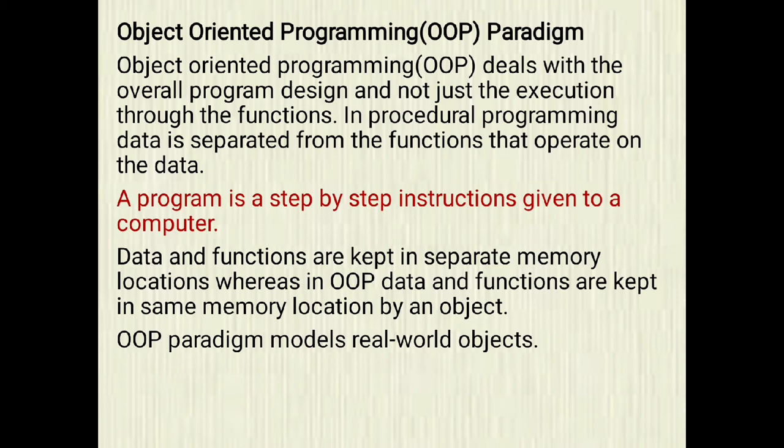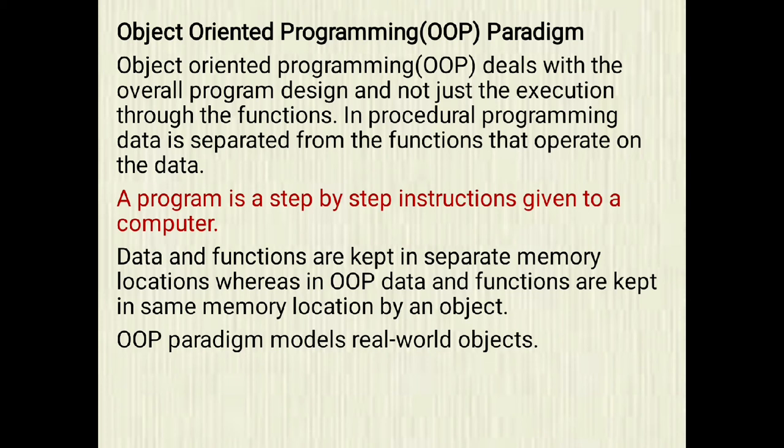Data and functions are kept in separate memory locations in procedural programming, but in object-oriented programming, data and functions are kept in the same memory location by an object. We'll see what an object is in the following pages. The data and the functions that operate on the data are kept in the same memory location through the object.